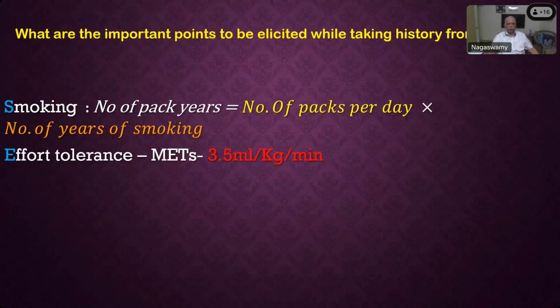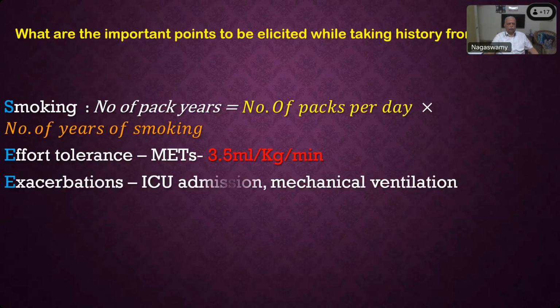Then, second point, you want to know the effort tolerance of the patient, how much he can walk, whether he can manage the bare minimum of 4 minutes required for normal day-to-day activity. Then you must ask whether the patient had any exacerbations, any ICU admissions, or whether he needed mechanical ventilation because of severe hypoxemia or hypercarbia in the earlier days.